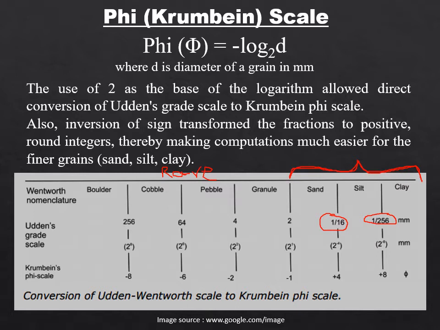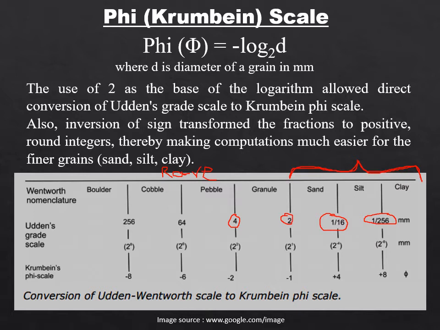If someone asks you to add 4 plus 2, within a fraction of a second you will say the result is 6. But if the same person asks you to add 2 plus 1 by 16, it will require a little bit of time. So you can imagine that simply adding two size classes requires a little time.